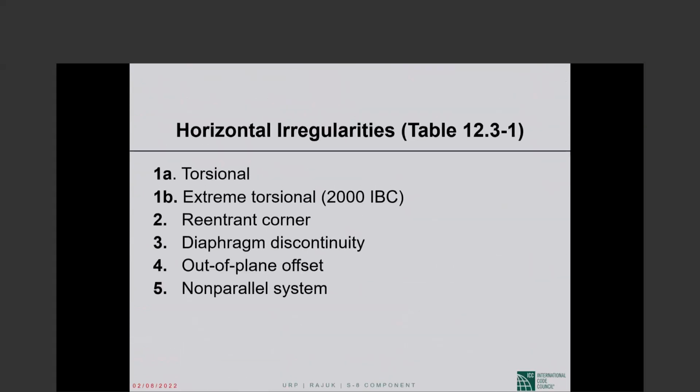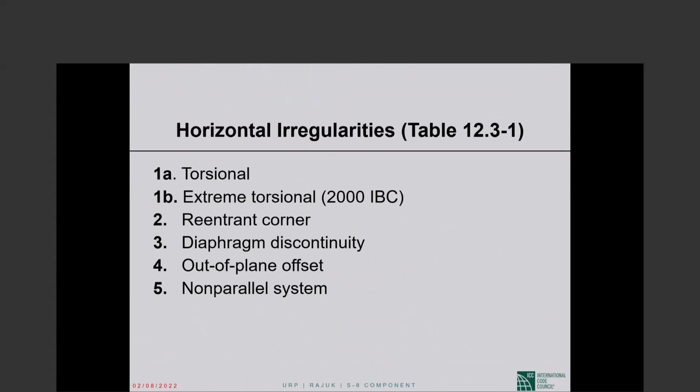ASCE 7 handles it, we have definitions, and then there is a table that tells you if you have, let us say, torsional irregularity, then which particular sections of ASCE 7 get triggered.